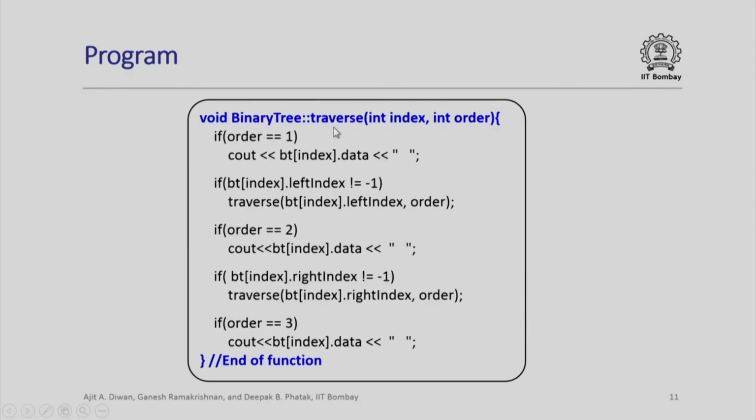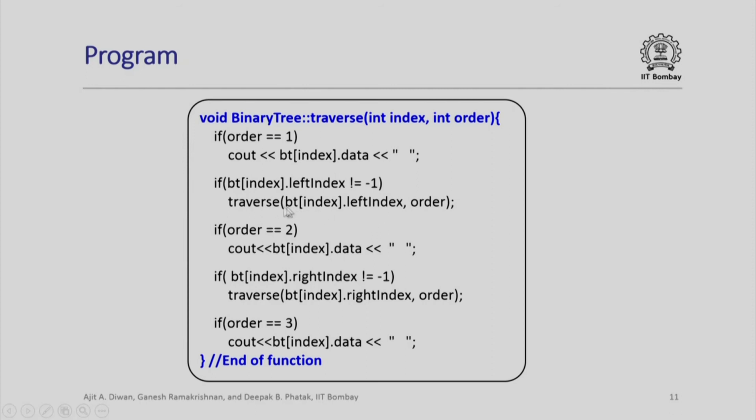Here is the traverse function. We just go by the order. We have arbitrarily chosen 1, 2 and 3 as representing 3 different traversal orders. If order is 1, we simply output bt[index].data. If left index is not -1, that means there is something on the left, then I will call traverse on bt[index].left index with the order.